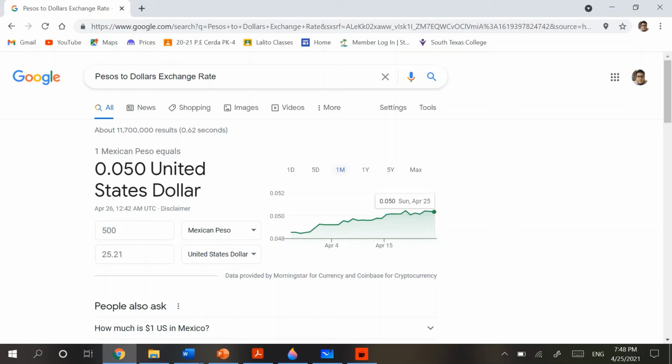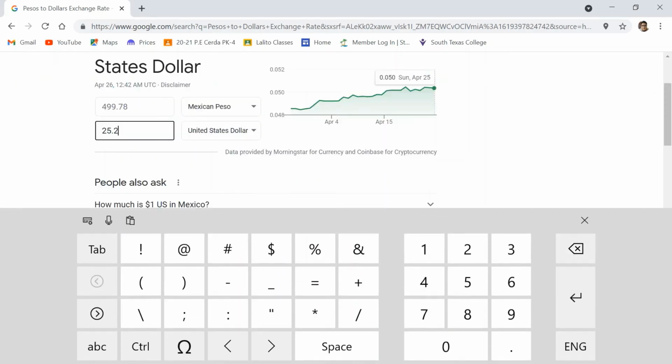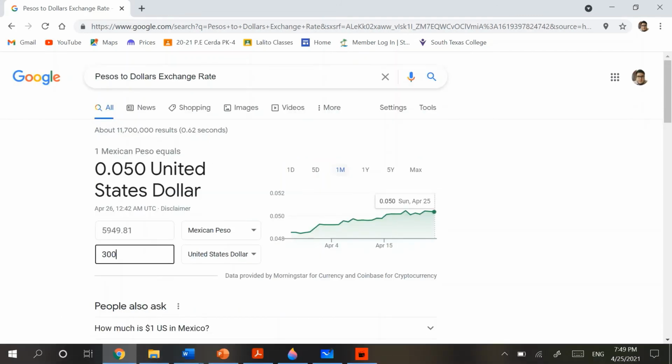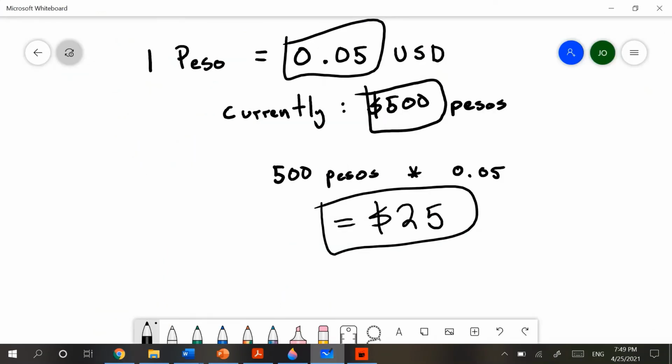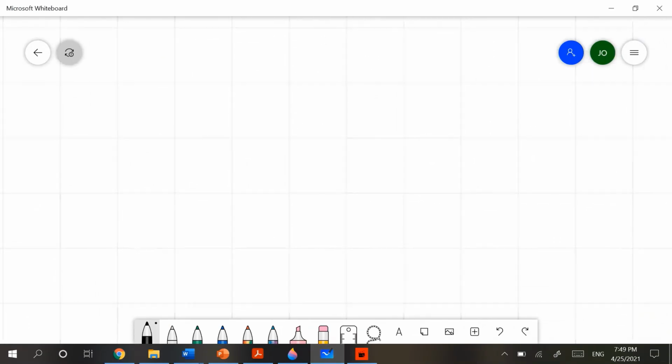Let's try that second calculation where I needed $300. That number was 5,949 pesos with 81 cents Mexican pesos, right? So let's do a calculation by hand. Again, I'm going backwards.